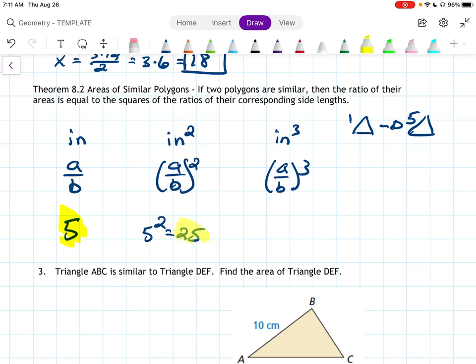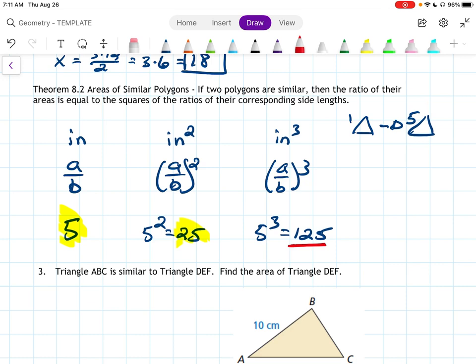Whenever we're talking about areas, the larger triangle is 25 times larger than the smaller triangle. And if we were talking about a 3D figure with volume, then it would be 5 cubed, which is 125. So if you have two similar 3D shapes and their scale factor is 5, then their volume scale factor is 125.